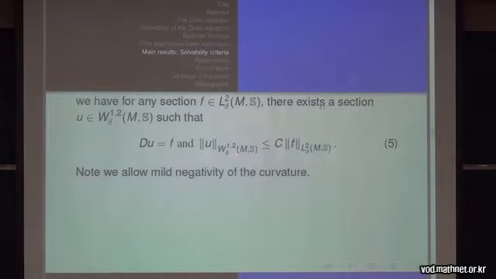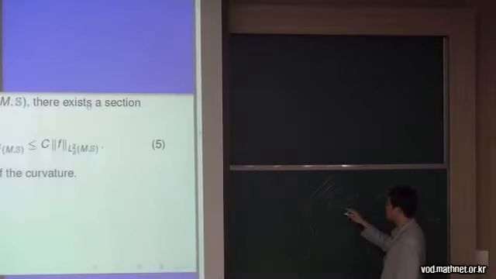And the exponential space is defined by the integration with exponential phi. And the exponential phi outside K is given by a linear function tau. Tau is a linear function in the cylindrical direction.